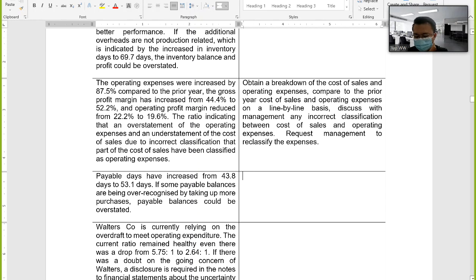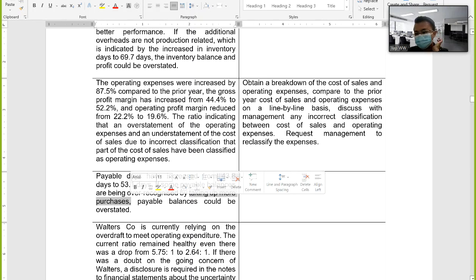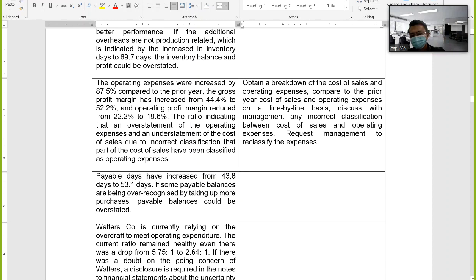Because I already mentioned the risk is that maybe we are taking up more purchases, because I over-recognize the purchases, maybe I record next year's purchases. So my procedure is still cut-off. The answer will be more or less the same as the first one.